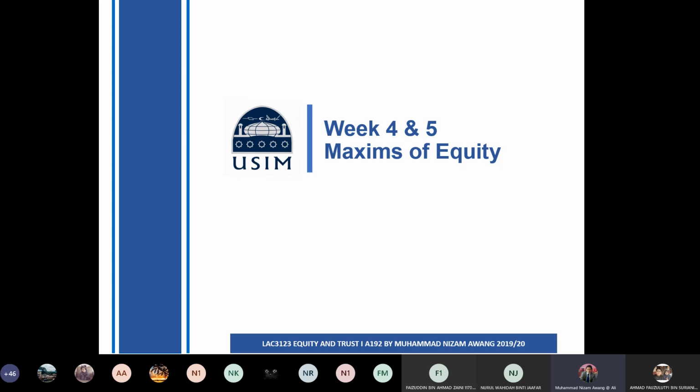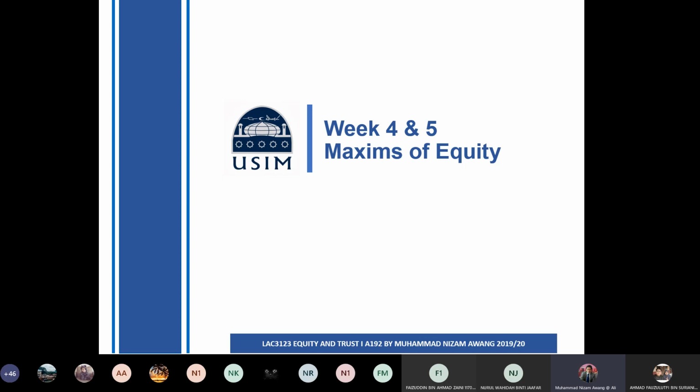you are going to see, or you have already seen maybe in the notes, that we have about 14 maxims altogether. Those 14 maxims may overlap with each other. And if you are looking at the application of maxims in a case law, the judges are free to use more than one maxim depending on the suitability of the maxim.